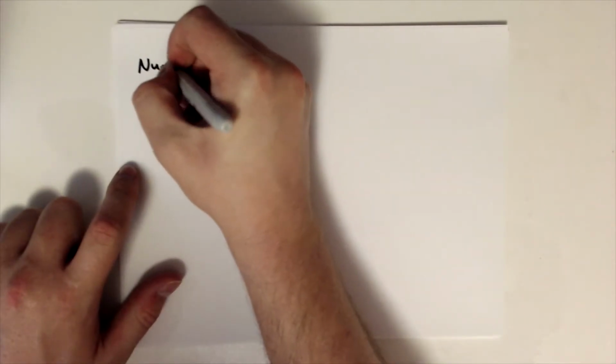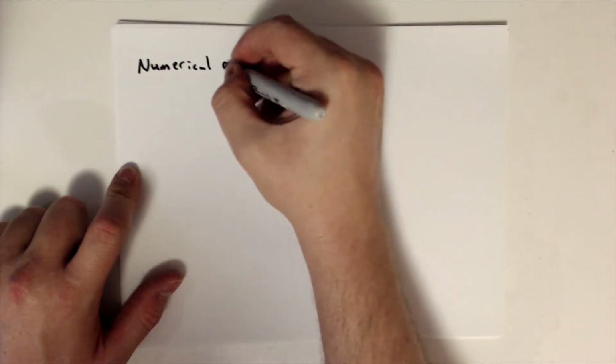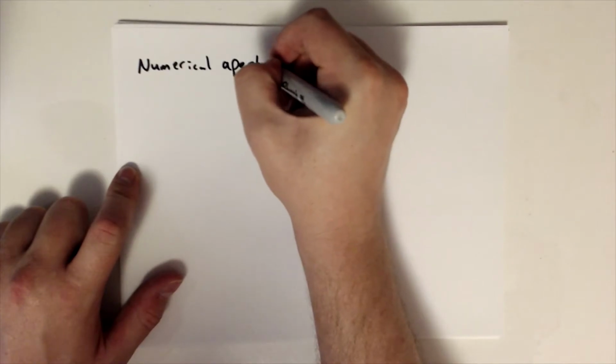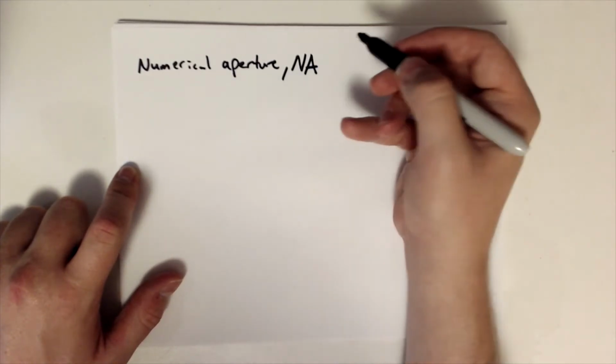All right, I mentioned that this Airy disk that we're talking about is related to aperture angle. And in turn, if you're looking at a microscope and you're looking at the lens, a way that you can measure this angle is actually through what we call the numerical aperture. This is a quantity that you can readily find, the numerical aperture, sometimes denoted NA.